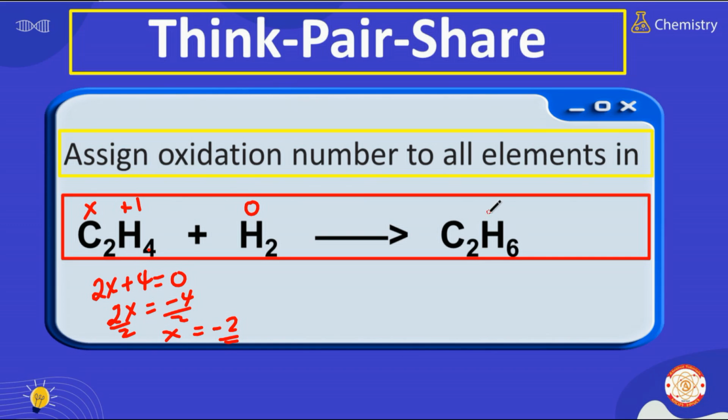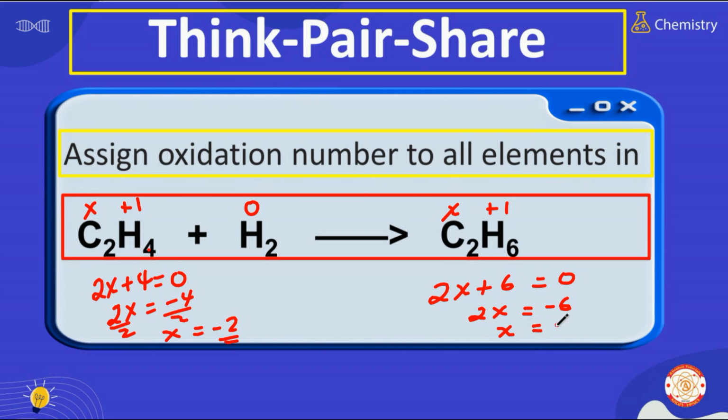So similarly, what is the oxidation number of hydrogen in this molecule? In this molecule it is +1. Because we don't know the oxidation state of carbon, we'll assign it X. So let us multiply. 2 times X is 2X plus 6 times 1 is 6 equals 0. 2X equals -6.